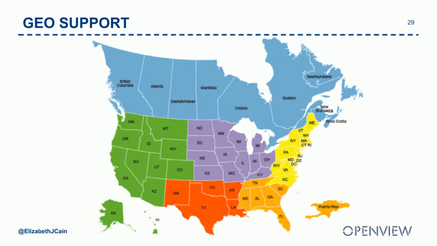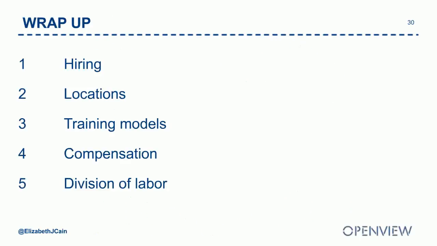Awesome. Well, Mark, this is actually kind of the wrap up for me. So I think we went through these 5 key areas between hiring, locations, training models, compensation, and specialization. And from my perspective, like I said, I don't think there's a template here. I don't think there's one way to do it.